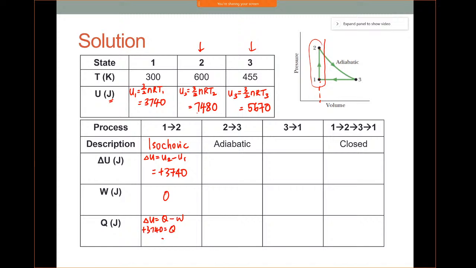Q is what we need to find. So Q equals positive 3740. Thank you. Okay, so can you find delta U for 2 to 3?